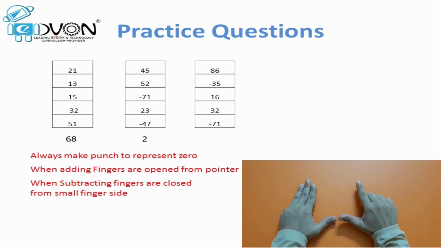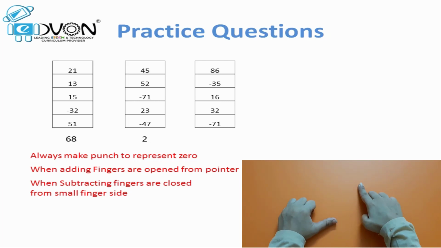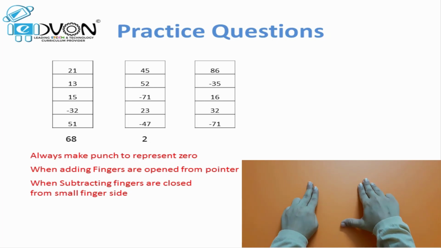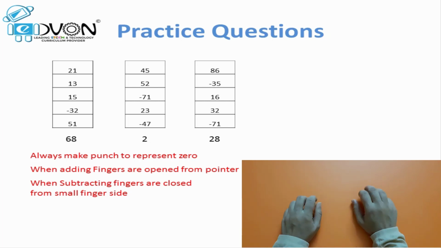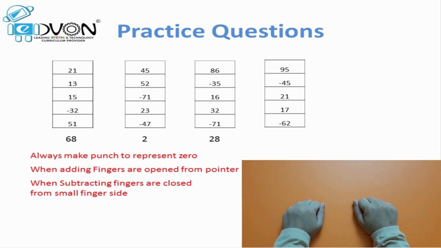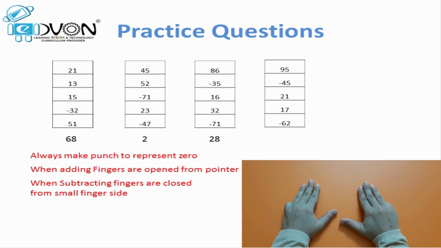86 minus 35 plus 16 plus 32 minus 71. Our answer is 28. Make 0. 95 minus 45 plus 21 plus 17 minus 62.